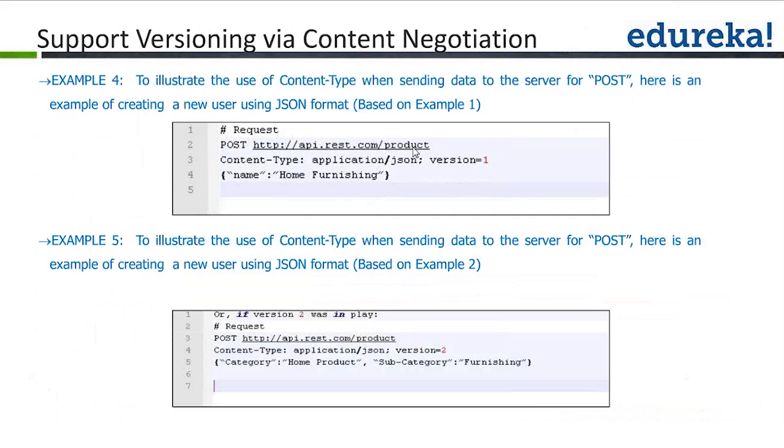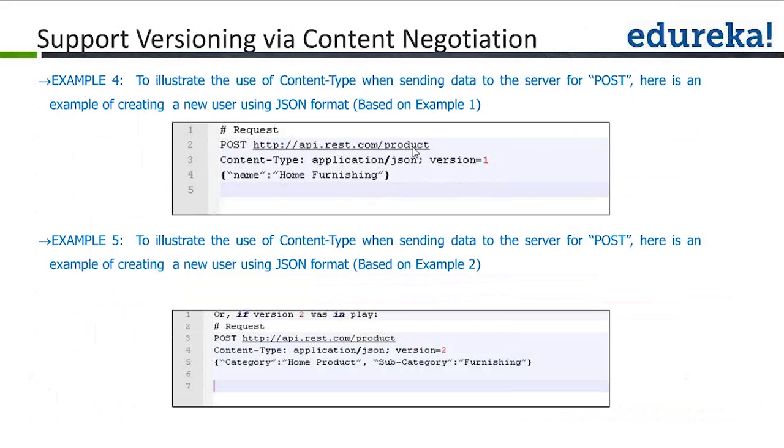And in the content type, so now this is a post request. It will not have accept. It will have content type because you are not accepting anything. You are sending. So it says I am sending this product details to create this resource, the content type is application JSON, and the version of this service would be 1.